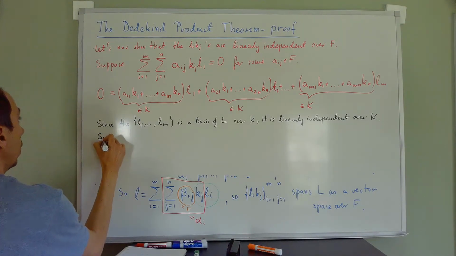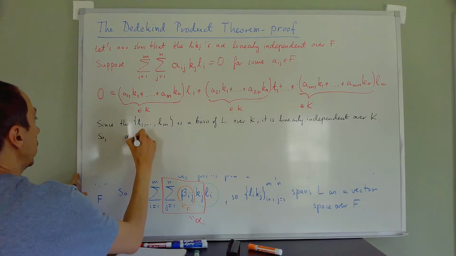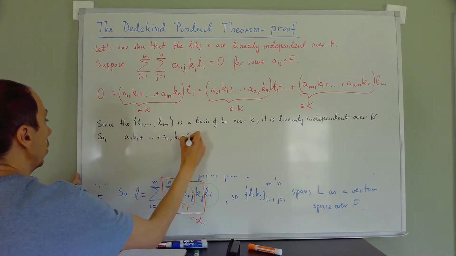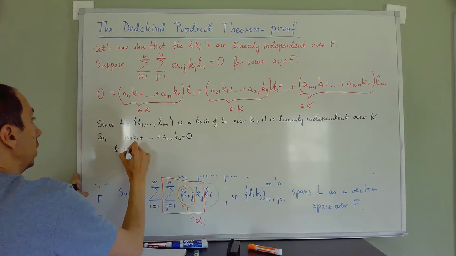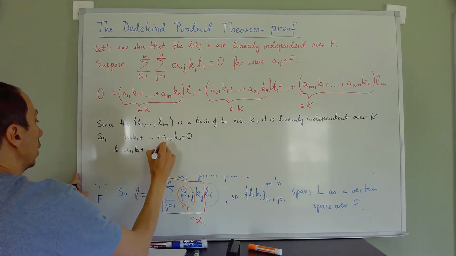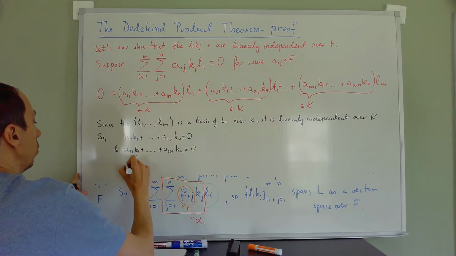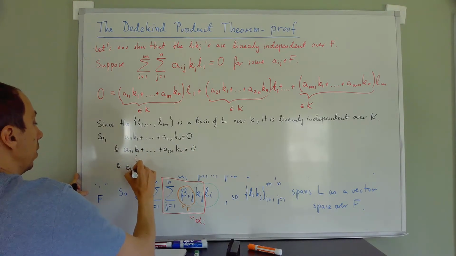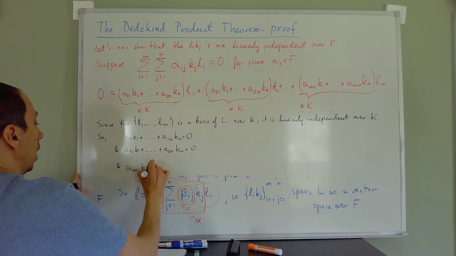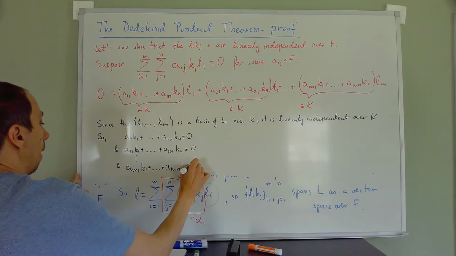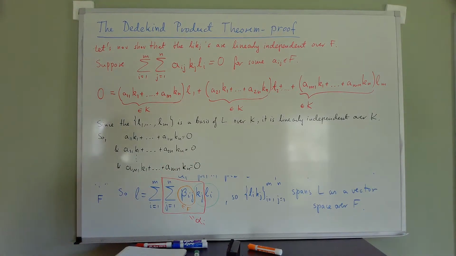So a_11 k_1 plus dot dot dot a_1n k_n must be 0, and a_21 k_1 plus dot dot dot a_2n k_n must be 0, and so on. All of them have to be 0 at the same time.